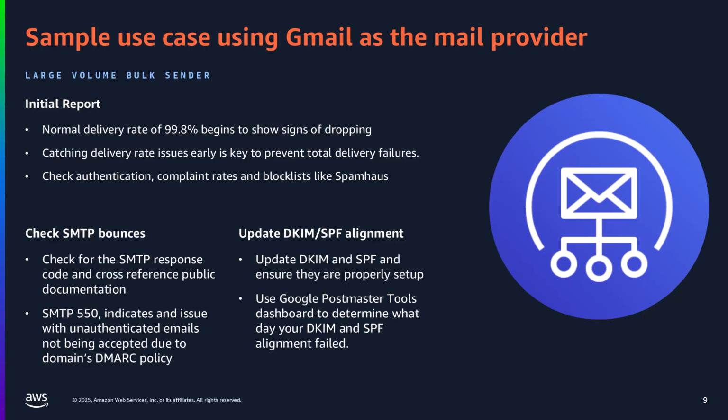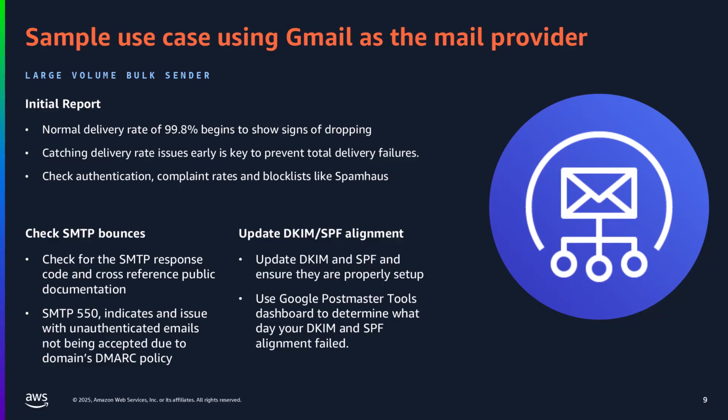This means that you should look at the sending domain's DMARC policy to see if it has recently been changed, or that your authentication mechanisms like DKIM or SPF are properly set up. Once you've updated the DKIM and SPF alignment based on the DMARC policy for the sending domain, you will no longer receive this error.